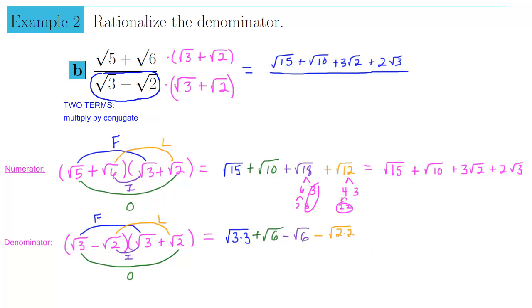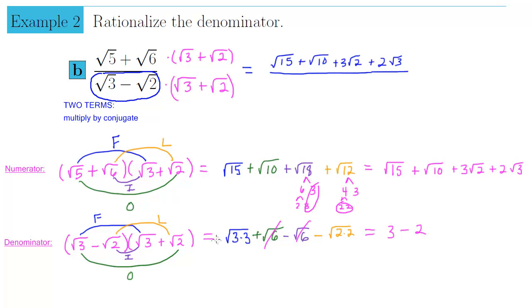Okay. Now if you study what happens here, we have a plus root 6 and a minus root 6, so those are gone. Let's cancel to 0. And then in the two radicals that we have left, in the two square roots, there are pairs of factors. So this square root of 3 times 3 is going to get turned into a single 3. And this square root of 2 times 2 is going to get turned into a single 2.